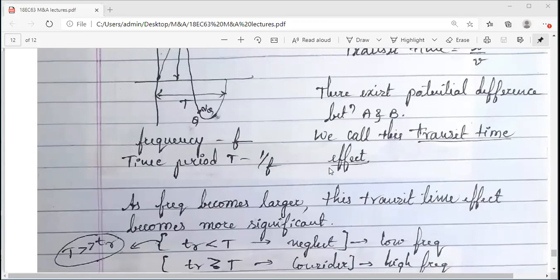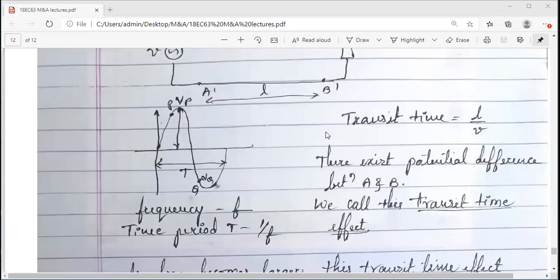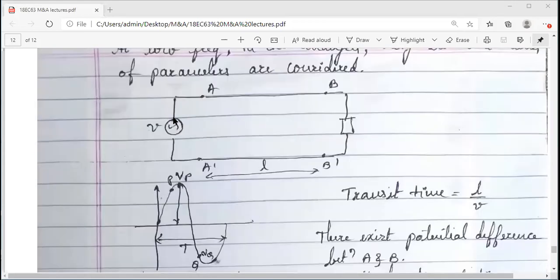See, what is this transit time effect? Whenever we apply the voltage, within 0 seconds, we will not get the output. After a certain delay, after traveling a distance L, we will get the output, and that delay, the time, is called transit time. Because of this, there exists a potential difference between point A dash and B dash.